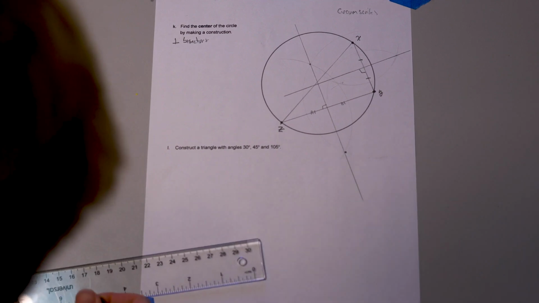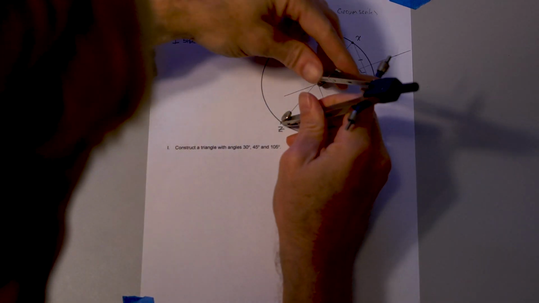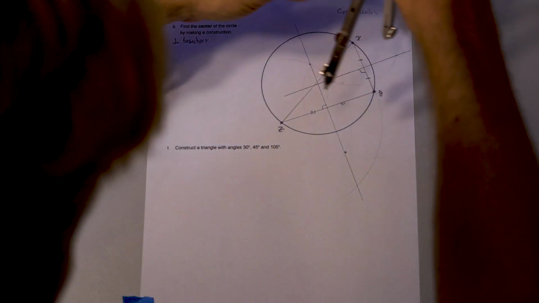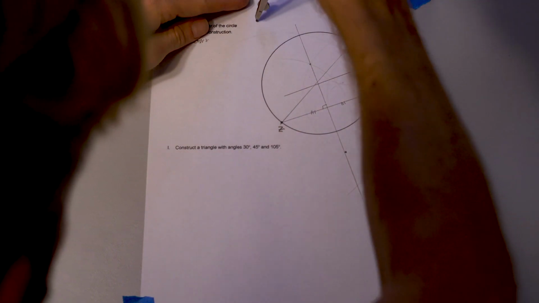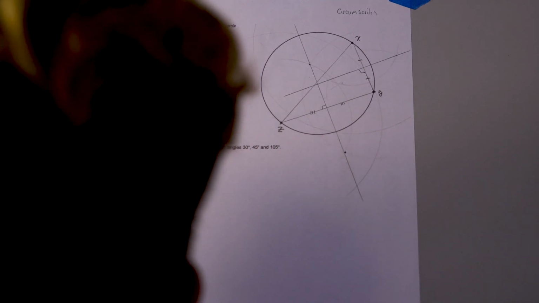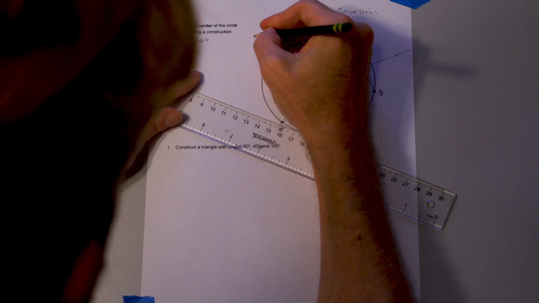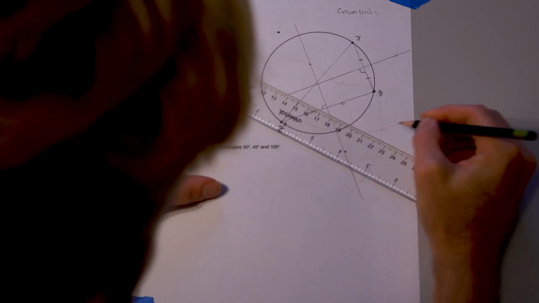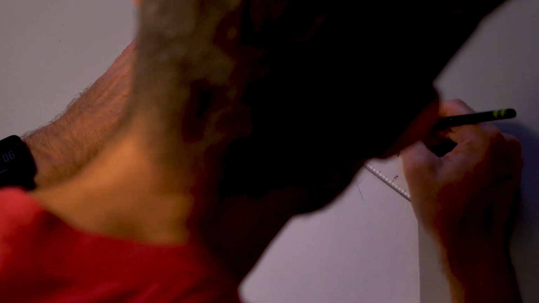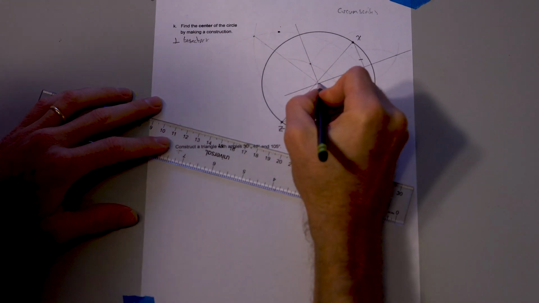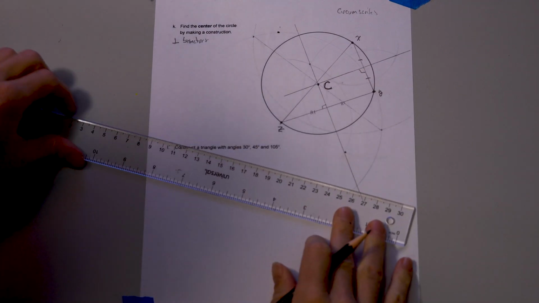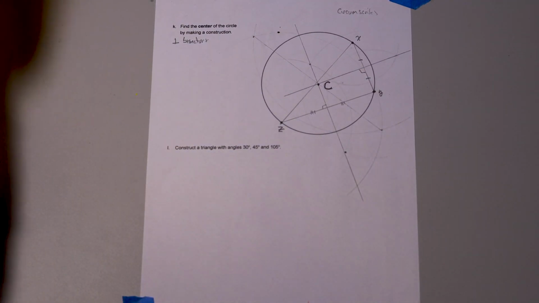We can do this last perpendicular bisector on XZ just as a check more than anything else. And it goes right through there. So here is our center C, right there. Whew. Oh, stretch out.